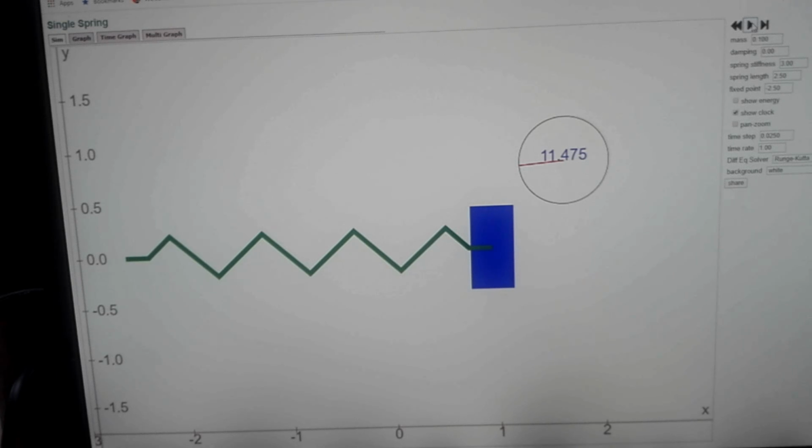So we have to note it. This is 11.475. So this is case 1 when the amplitude was 1 centimeter.